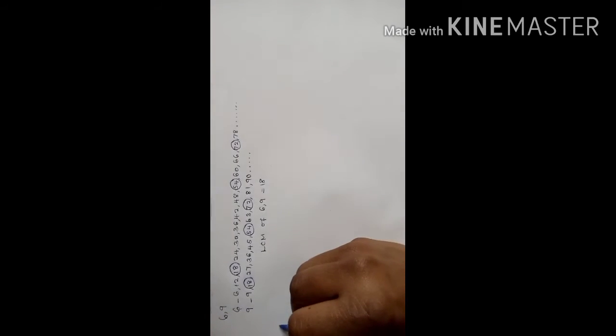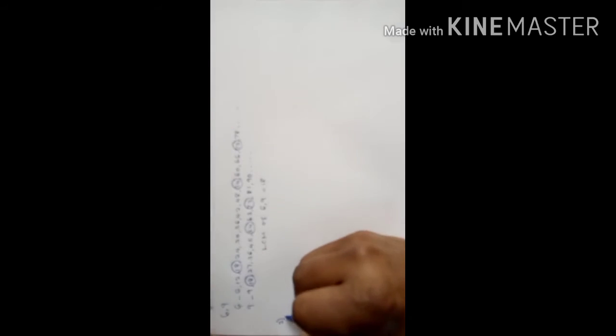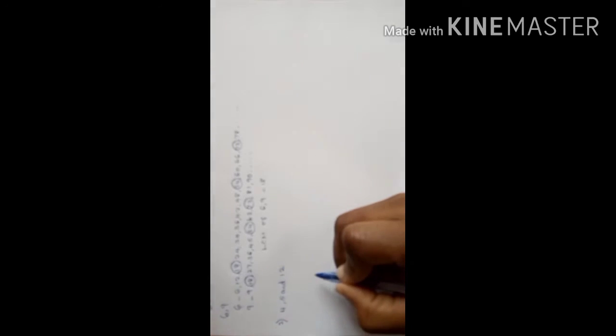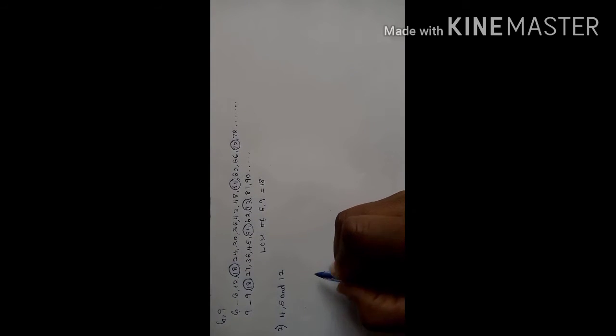We could take another example. Example 2, we take the numbers 4, 5, and 12. So again, let's list the multiples.